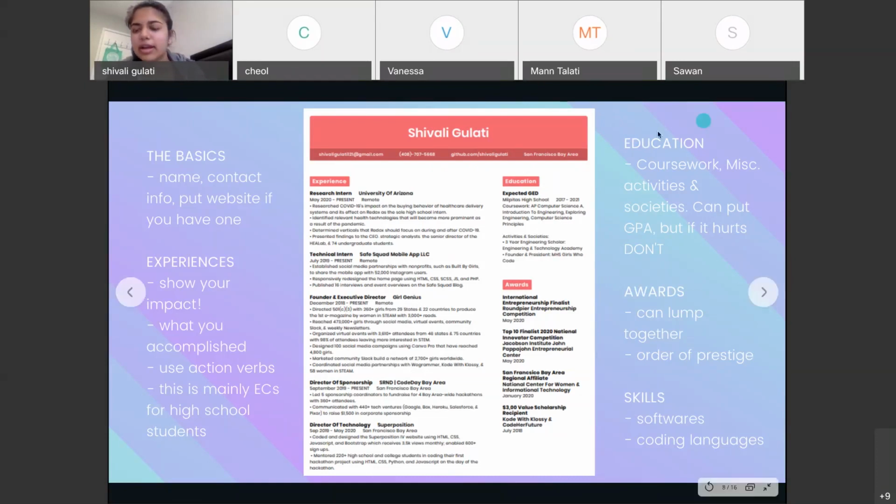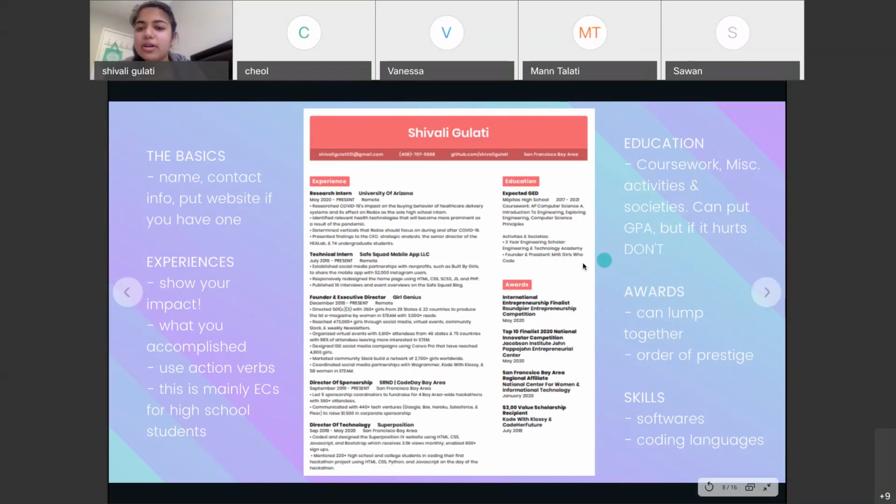Then in the upper right hand corner, I have my education. I know that a lot of us on this call have probably taken a lot of APs and honors classes. Although that's great, just because I took AP World History does not mean I have to put it here, because it has nothing to do with CS or business. So make sure you are selective with your coursework.